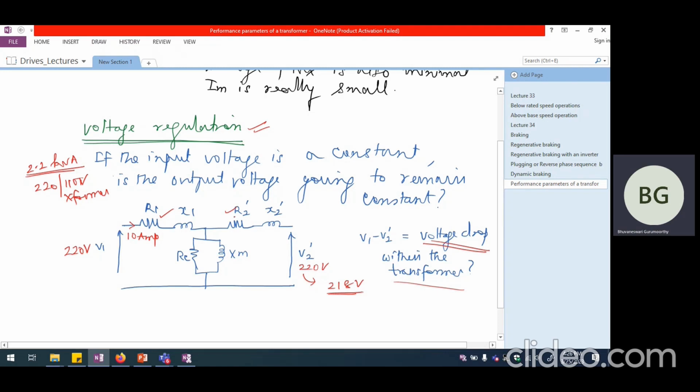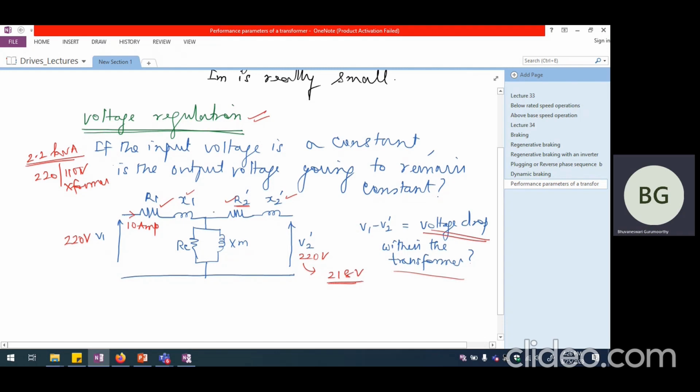And when I refer R2 to the primary side, I write that as R2 dash. The same way, the leakage reactances are X1 for the primary winding and X2 dash, which is the leakage reactance of the secondary winding referred to the primary side.